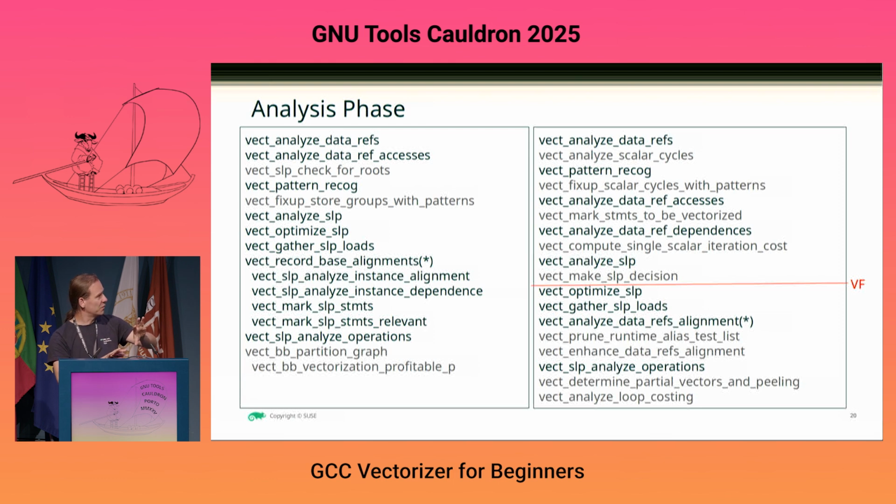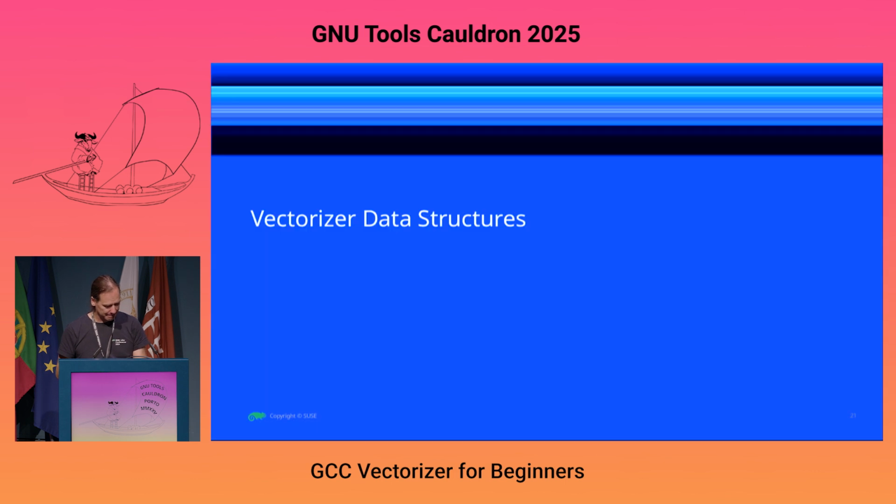So we are partitioning the graph and costing the partition separately. So we can basically only vectorize the profitable pieces we found. Before, at some point, we either vectorized everything we found or nothing, which is of course kind of stupid, right? But now we can do better there. We can do partial vectorization of what we found.